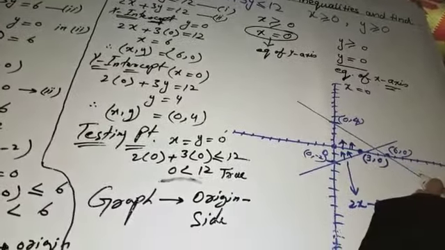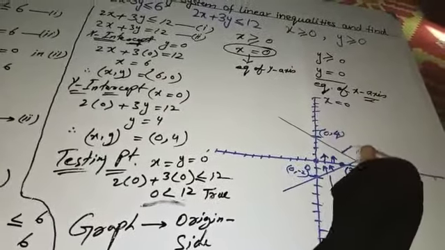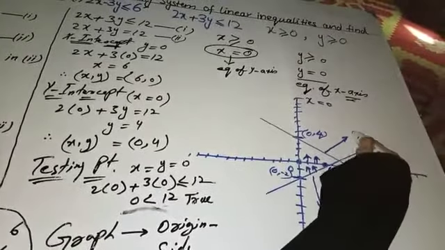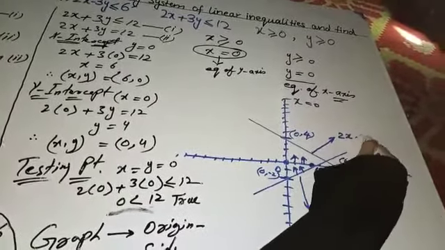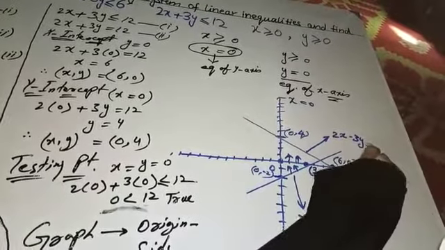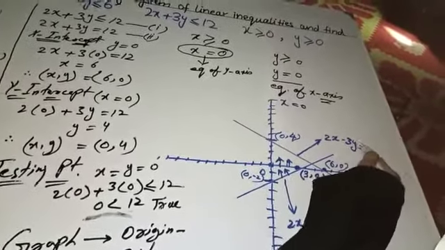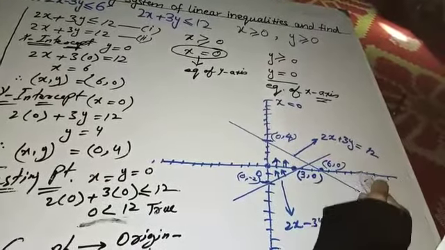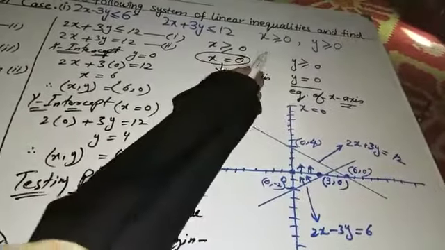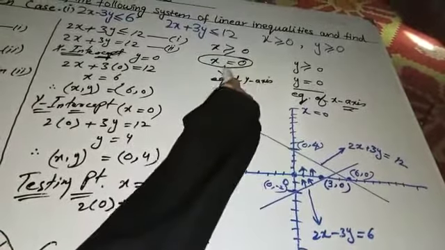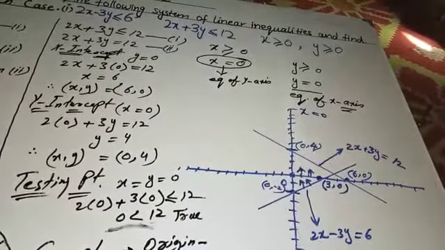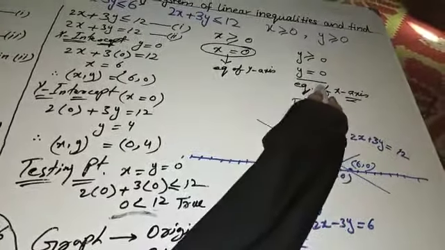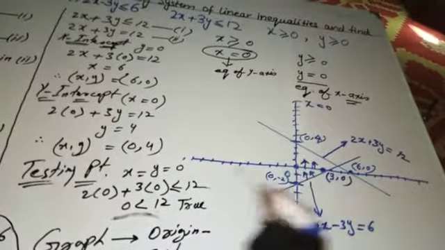While this is the second line, its equation is 2x plus 3y is equal to 12. And the third one is x is equal to 0, which lies on this line, the y-intercept, and y is equal to 0 lies on this x-intercept.